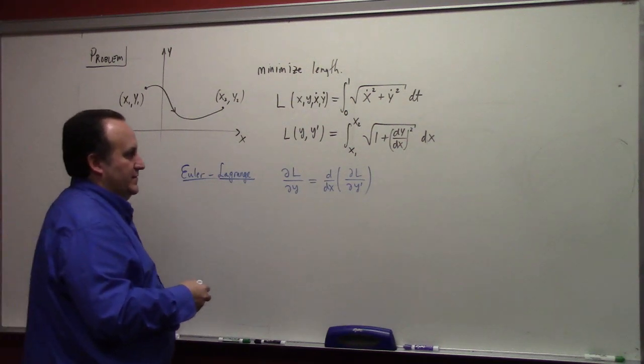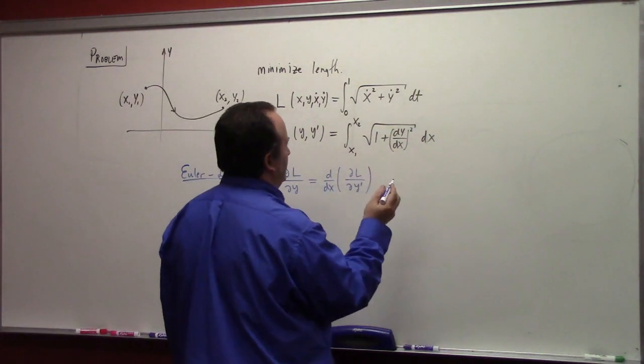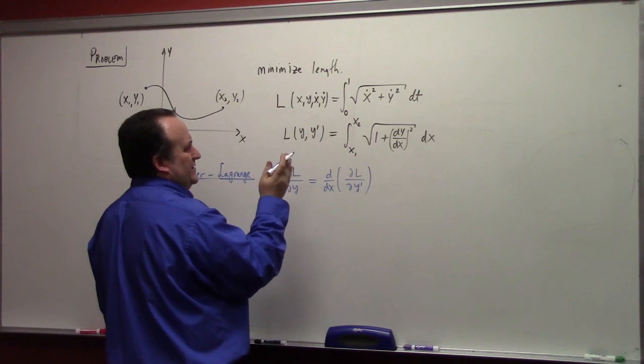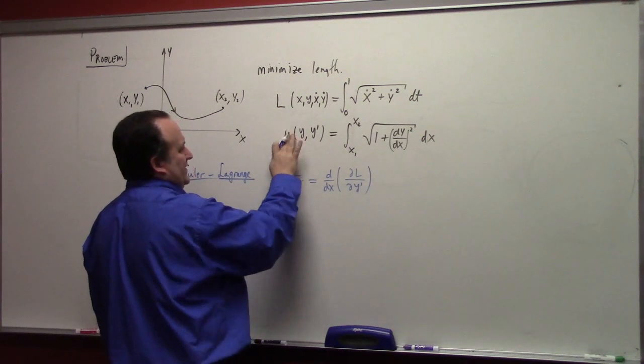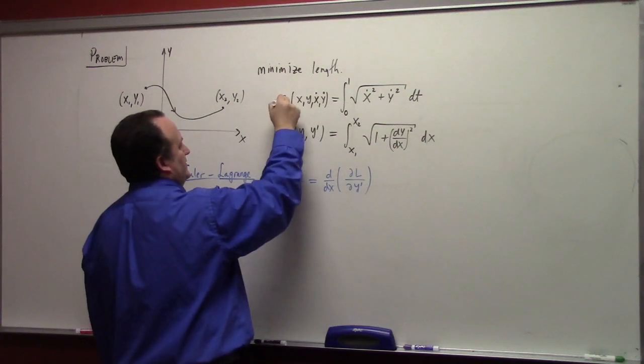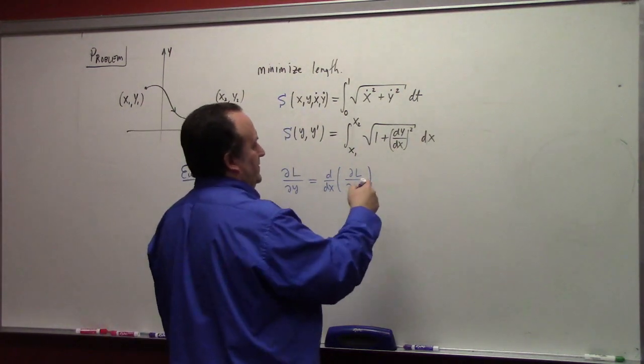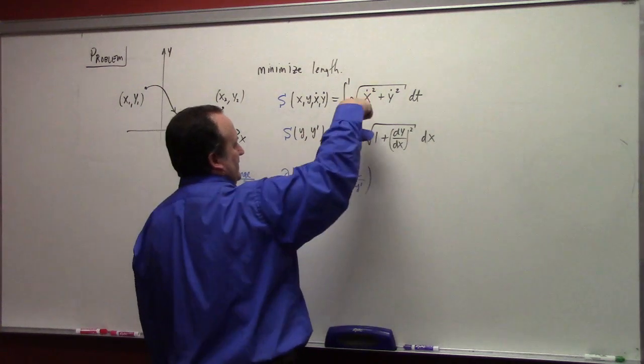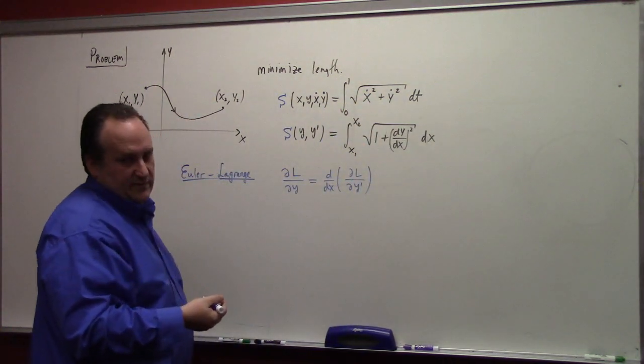And so, like this, oh my bad, I said L, but that's wrong. This is actually S. This is the action. Sorry, I'm a little fuzzy. So the thing inside the integral is actually the Lagrangian.